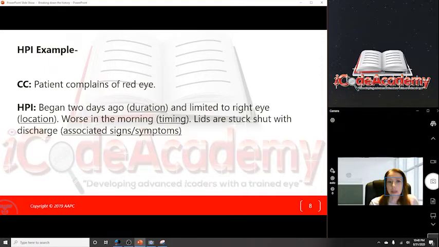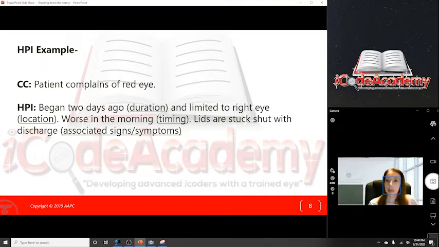First line here, we can see that it says CC, patient complains of red eye. So CC again is going to be our chief complaint. So we have a patient complaining of a red eye. This began 2 days ago, which is going to be our duration element. That 2 days ago is duration.